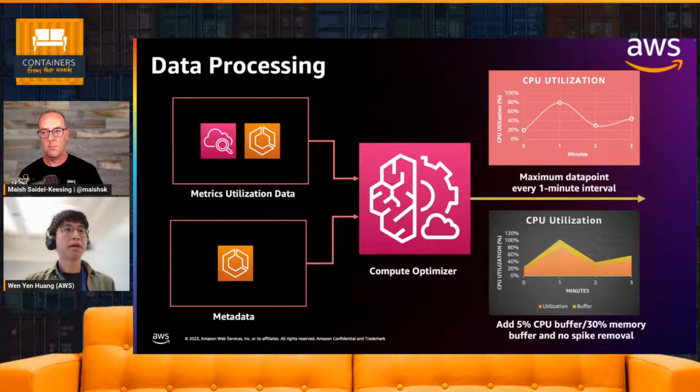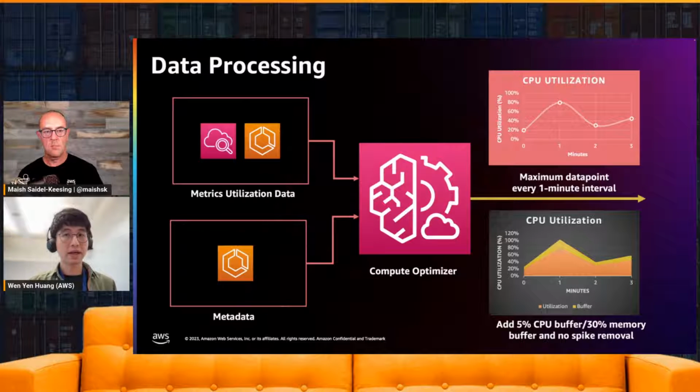And the good thing about the ECS service on Fargate is that once you enable Compute Optimizer, you don't have to install even an extra CloudWatch agent. We just take in your default memory and CPU utilization data for free, and we will provide you a recommendation after 24 hours.